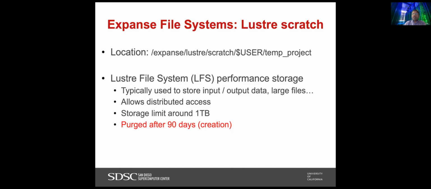It allows distributed access from all the nodes. The storage limit, we nominally let you go up to 10 terabytes. If you need more than that, we can accommodate it, but we don't make it the default because people tend to park data. So we are starting out with a lower limit, but if you do need something more, please contact us and we can raise the limit if it makes sense.